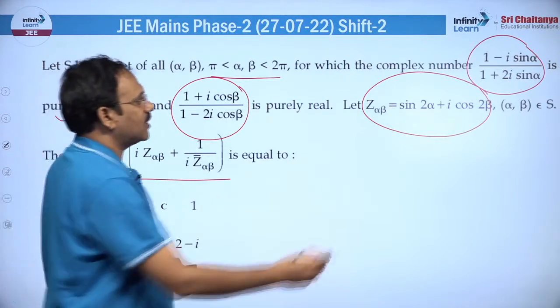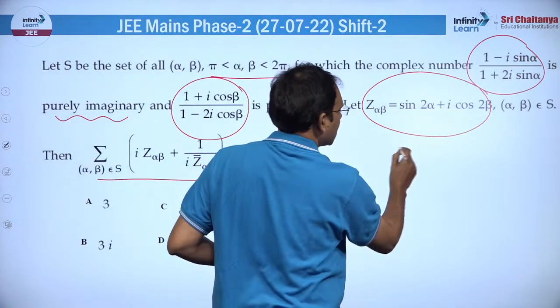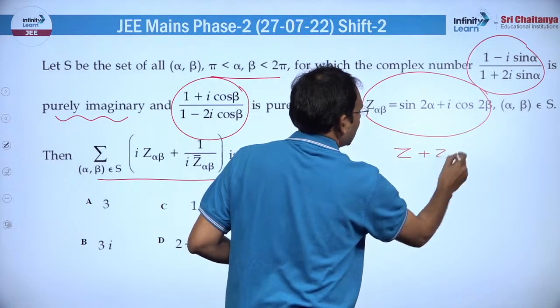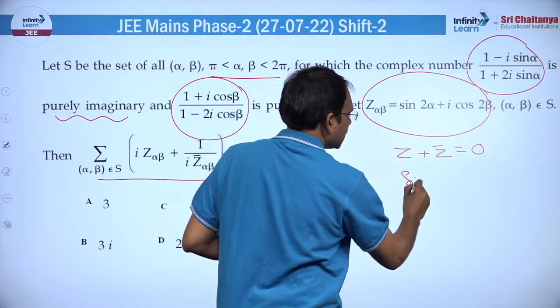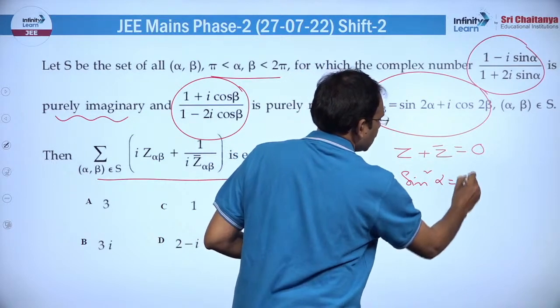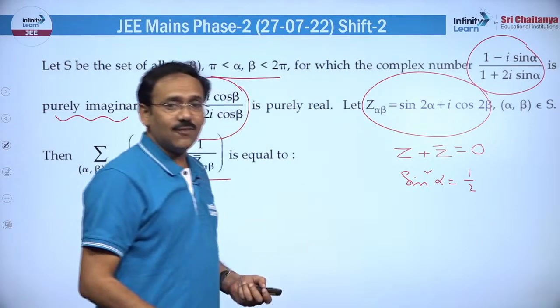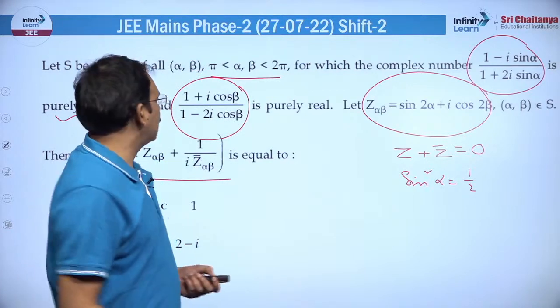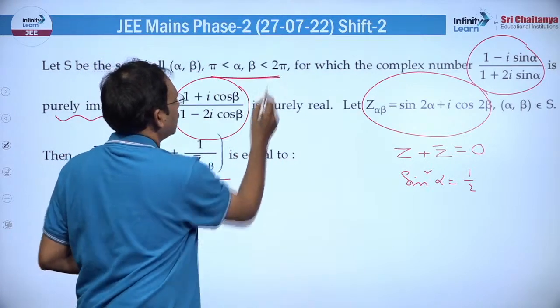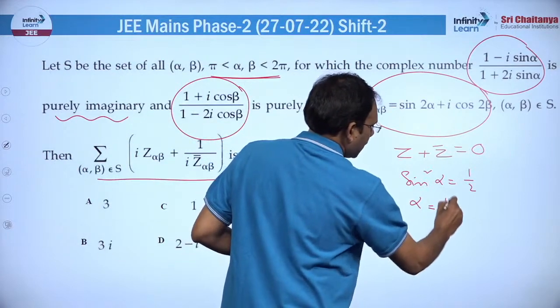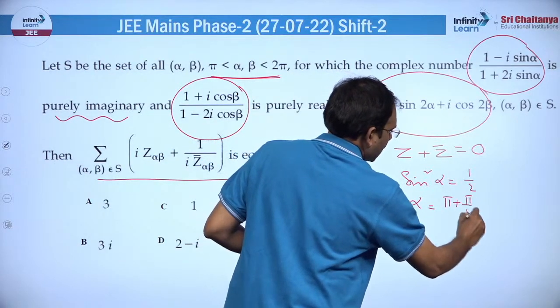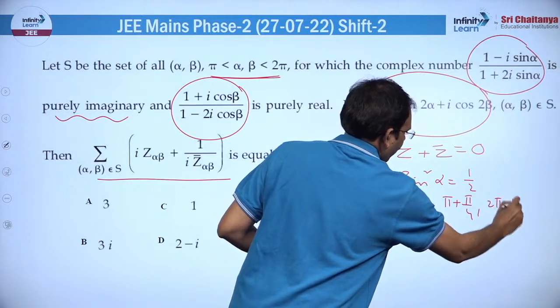You see my dear friends, since it is purely imaginary, you just apply the condition z plus z bar is equal to 0, you will get sin square alpha is 1 by 2, that is sin alpha is plus or minus 1 by root 2. So alpha lies between pi to 2 pi, which means alpha can be pi plus pi by 4 as well as 2 pi minus pi by 4.